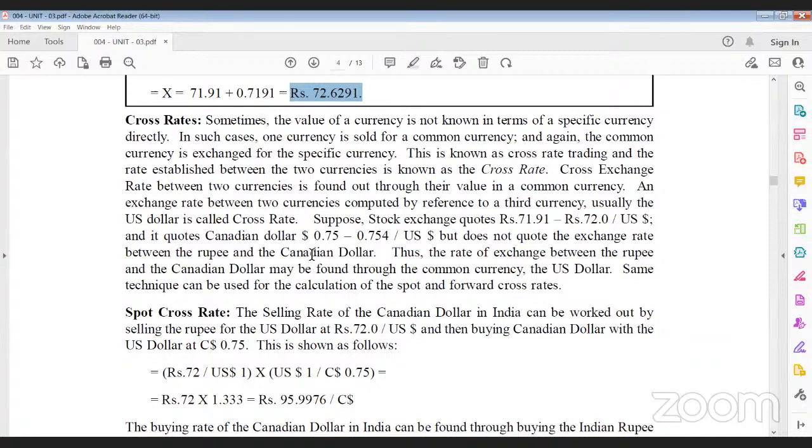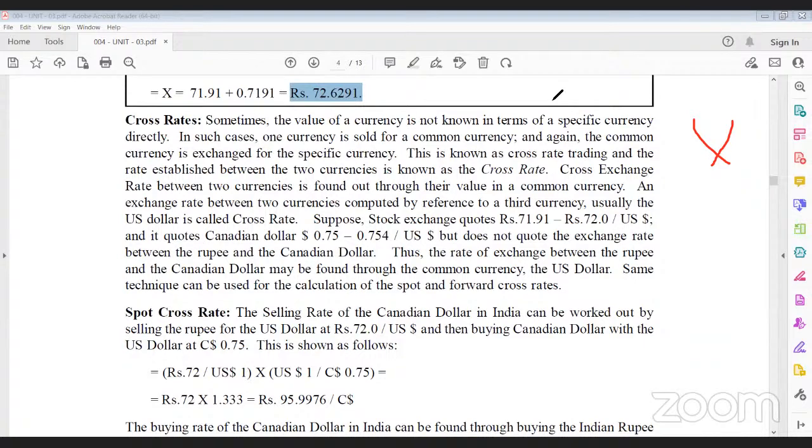This is known as cross rate trading, where both the particular and specific currencies are not known against each other, and the cross exchange rate between these two currencies is found through their value in a common currency.